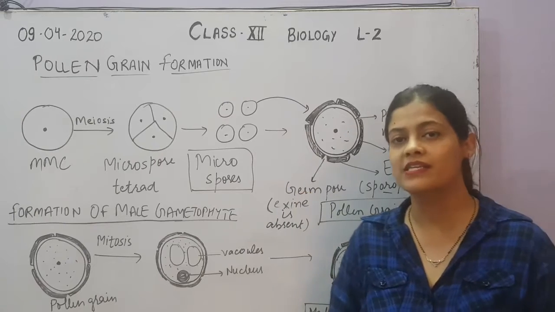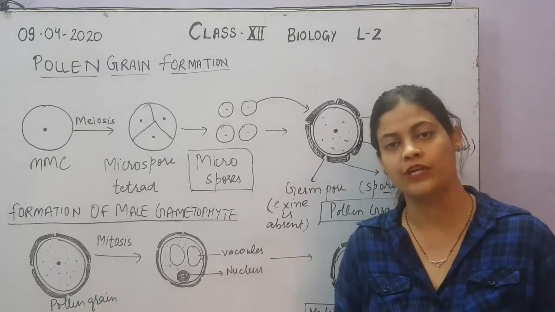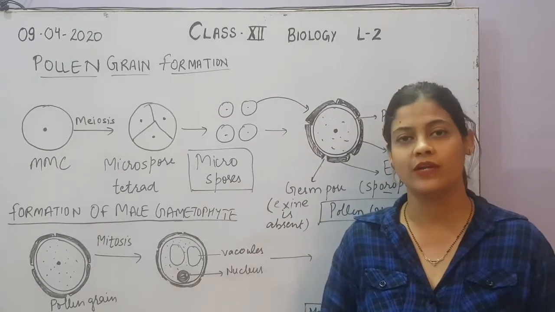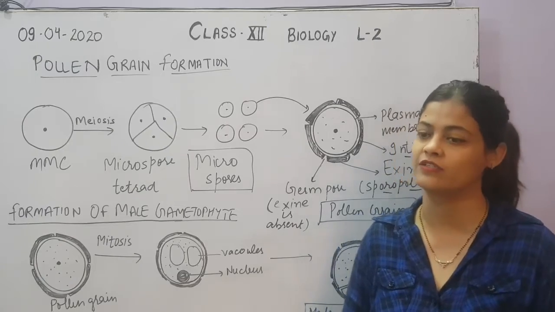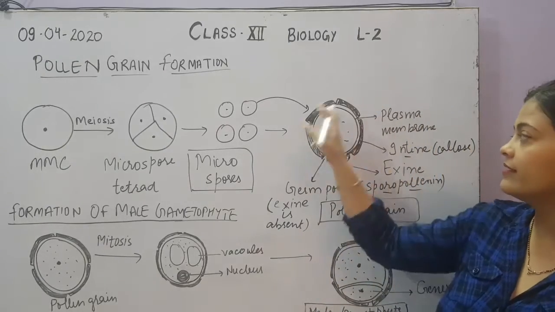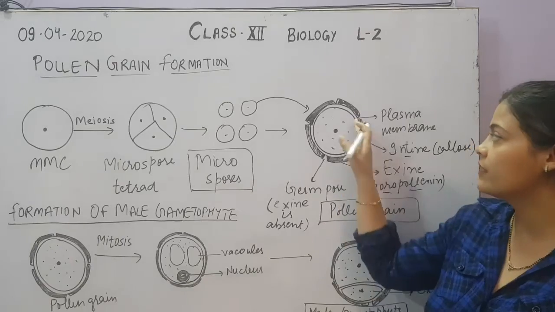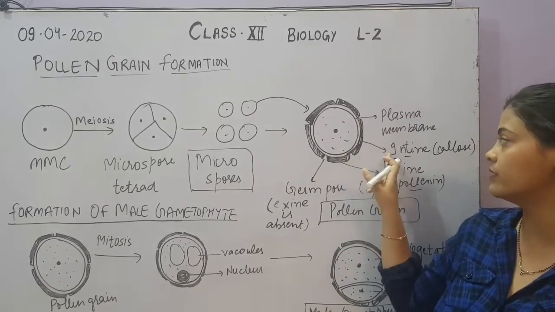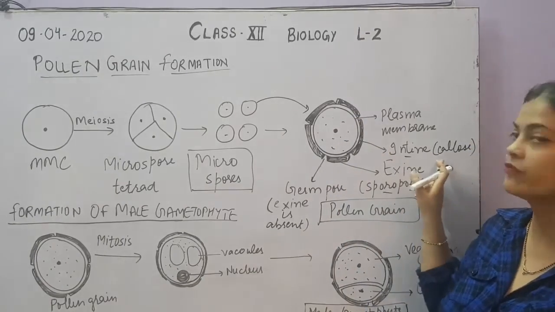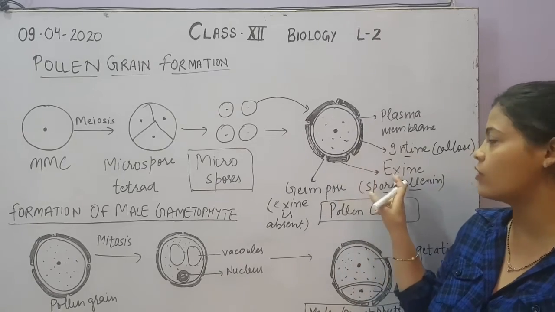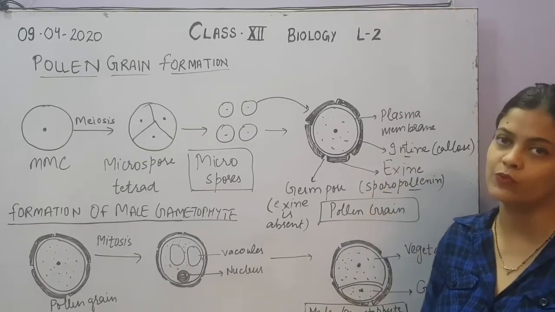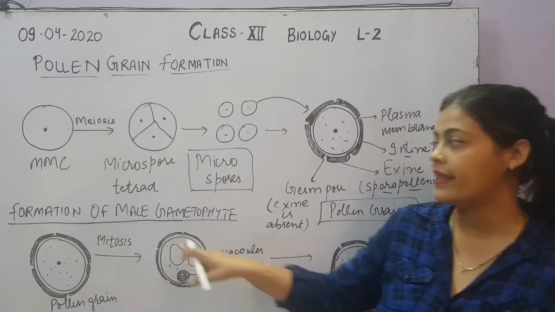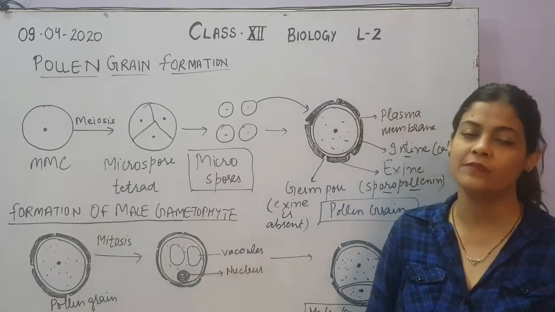They will be released out from the body as such and transported towards the female reproductive organ for fertilization. Now is it clear that this structure is called pollen grain? The inner membrane is called intine, which is made up of callose, and the outer membrane is called exine, which is made up of sporopollenin.